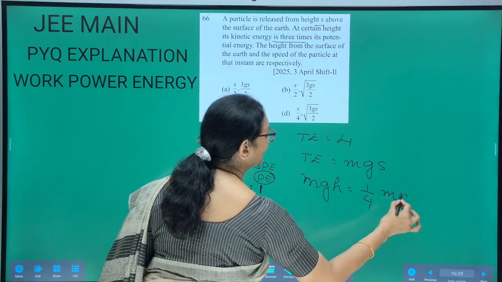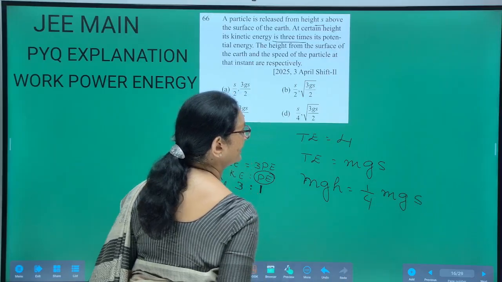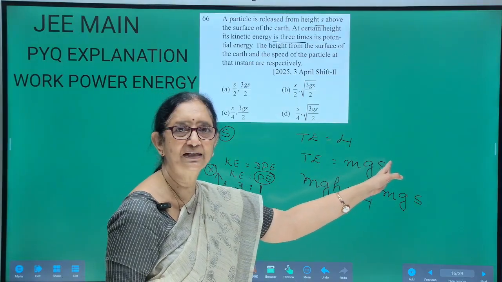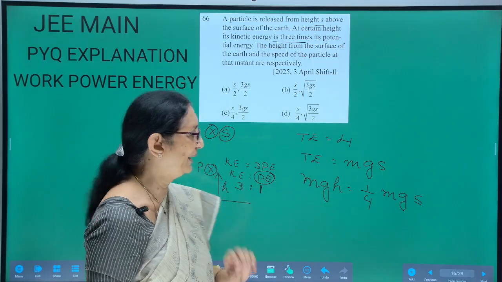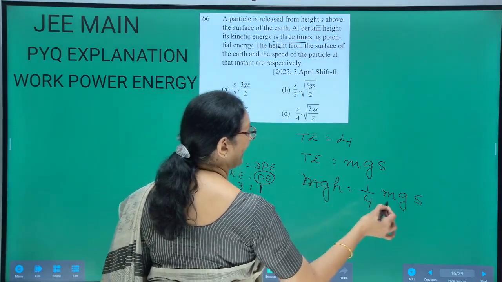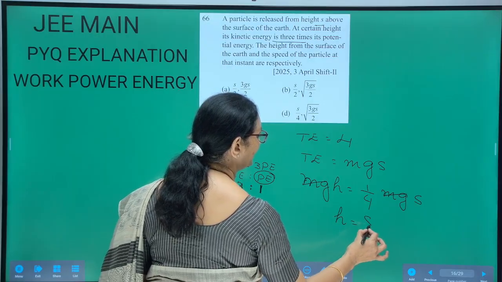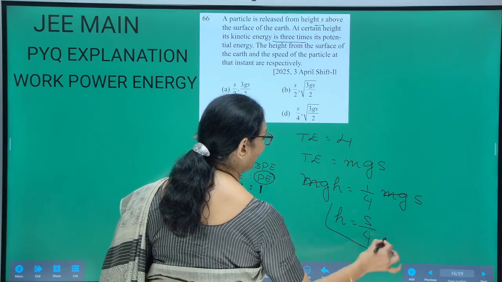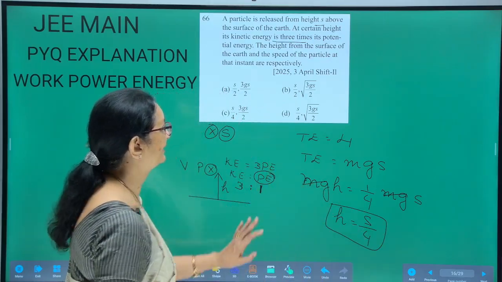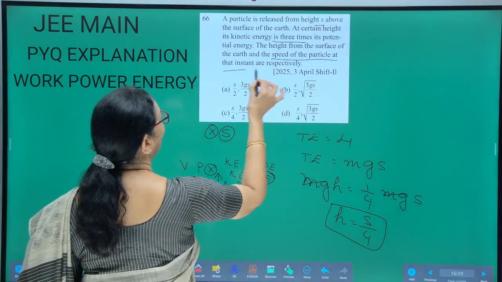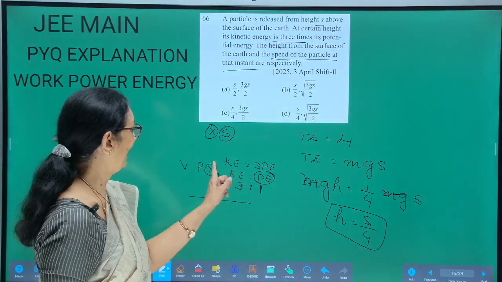As total energy is constant everywhere, the highest point potential energy is the total energy everywhere. So, if you cancel mg here, the height of the point is S/4. So, height of the point is S/4. One answer is done. You have to find the speed of the particle at that point.